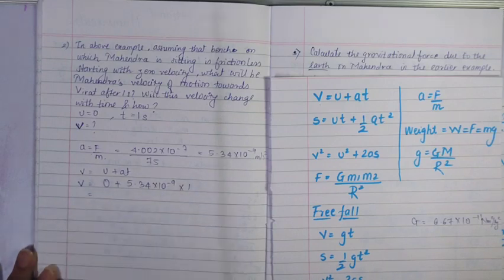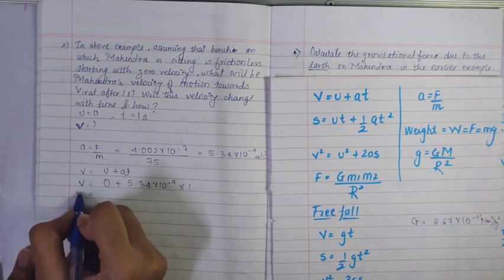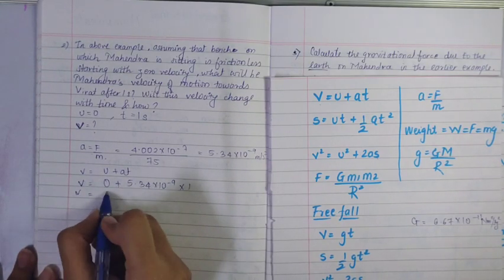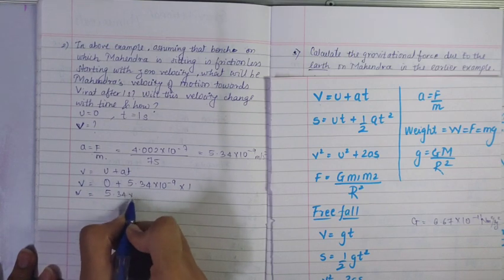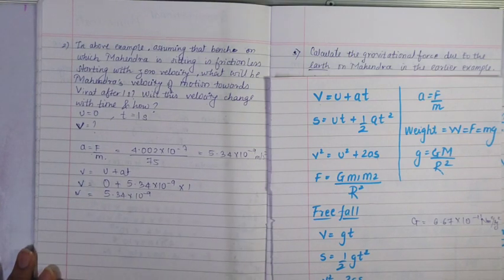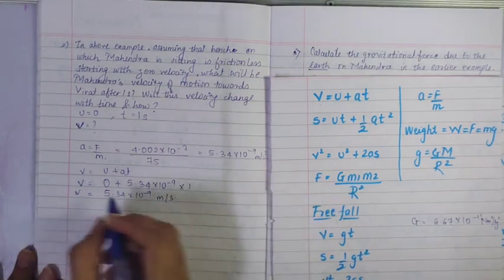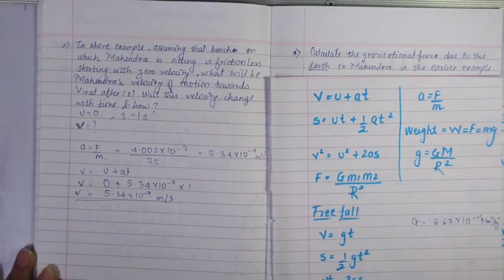That is equal to what? Now the 0 is of no use. So it is 5.34 into 10 raised to minus 9. Fine. So this is your answer. Your velocity will be 5.34 into 10 raised to minus 9. The unit for velocity is meter per second. So this is your velocity.